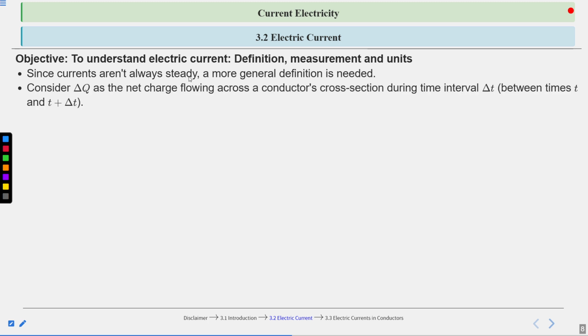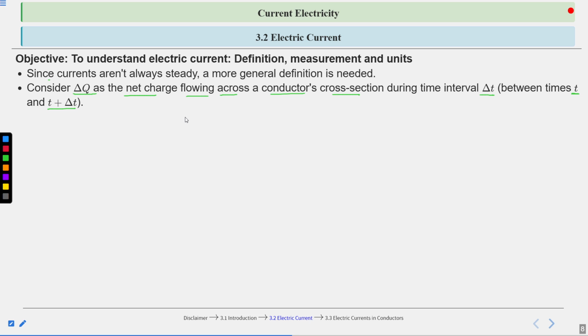Consider delta Q as the net charge flowing across a conductor's cross section during the time interval delta t, that is between time t and t plus delta t.